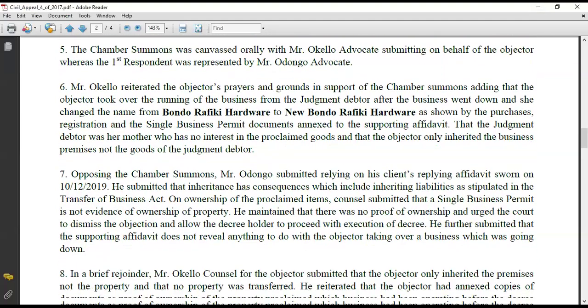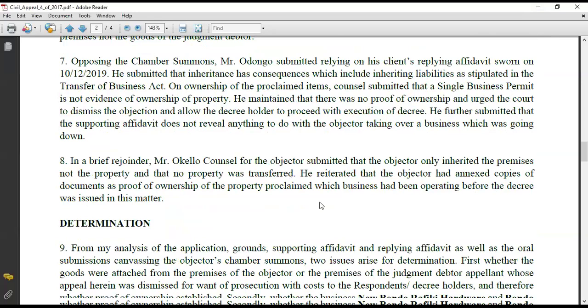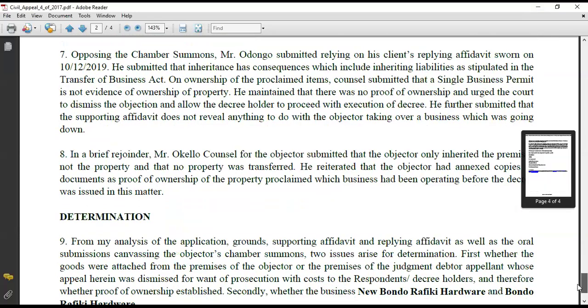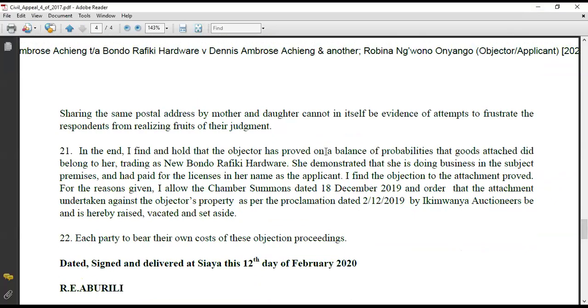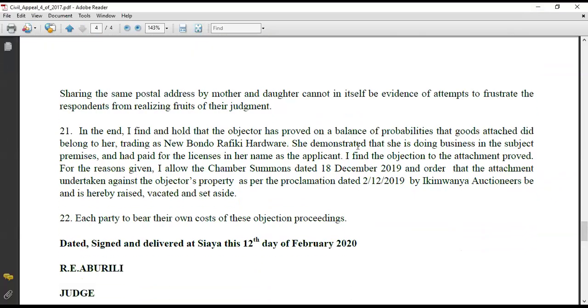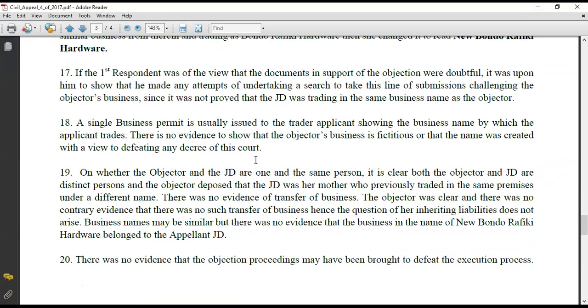And the case was successful. So that is how you answer the question.